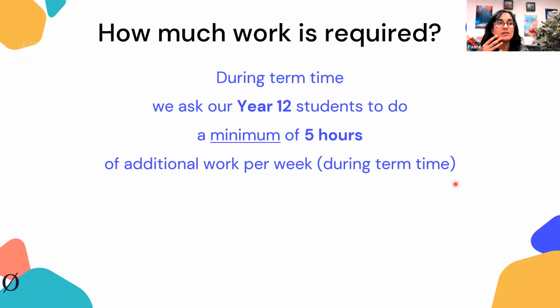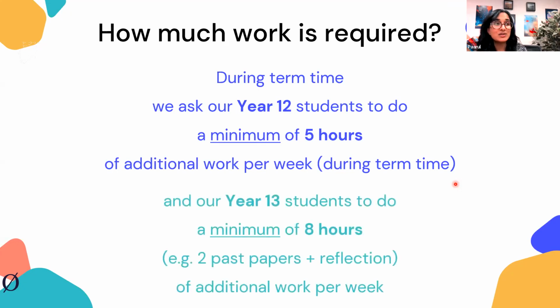I'm going to talk about it a little bit more in future slides, but during term time, we expect our year 12 students to put in a minimum of 5 hours of additional work per week. So we will give you the problems, the questions, and the resources that you need, but obviously the work has to come from you. So that's how much we would expect.